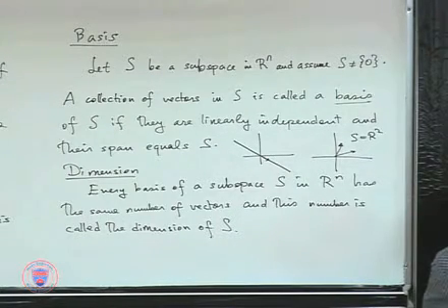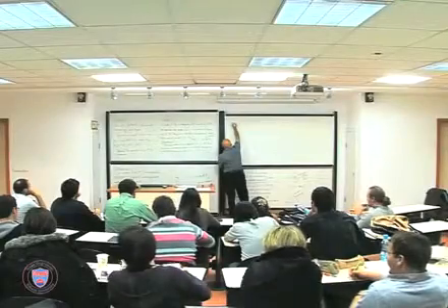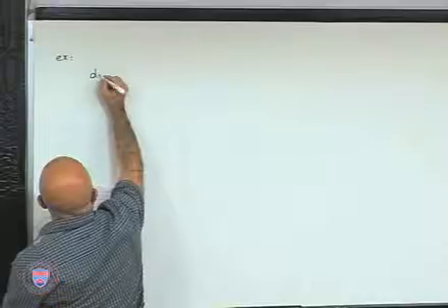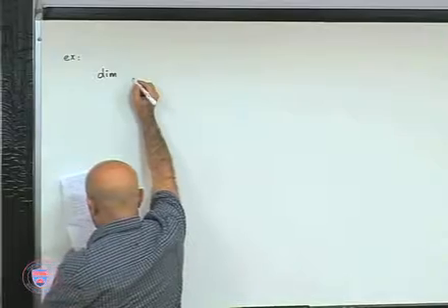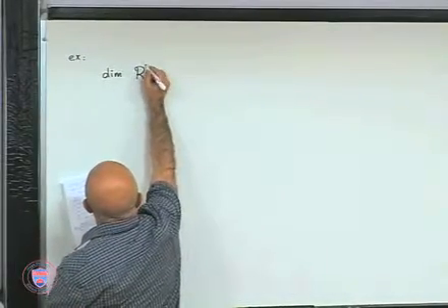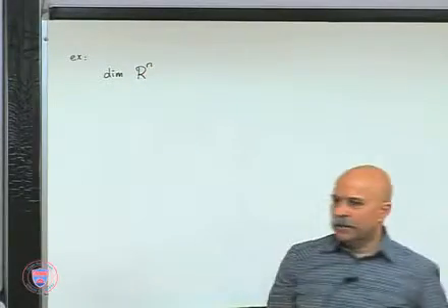Examples. The dimension of the subspace Rn. Rn by itself is a subspace, but it's not a proper subspace.